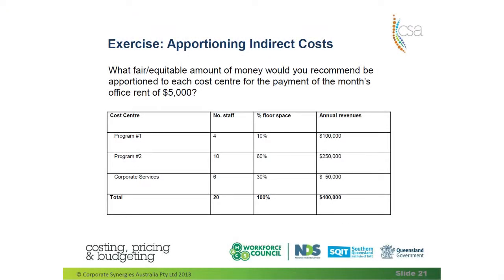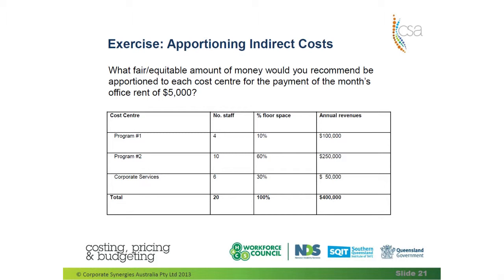If we go back to our overall rule of thumb, we could do it by annual revenues. So whatever percent of annual revenues is the apportioned price of rent attributed to those programs. But in this case, we wonder whether or not that might be the fairest option.